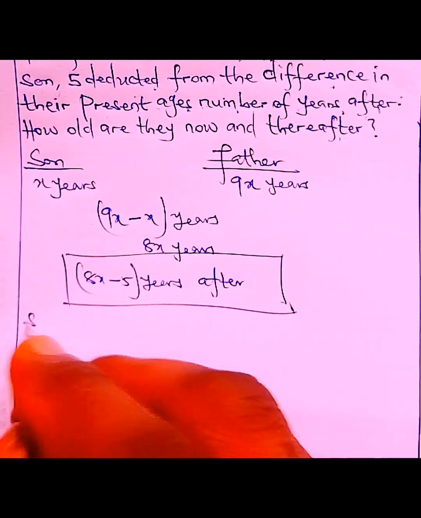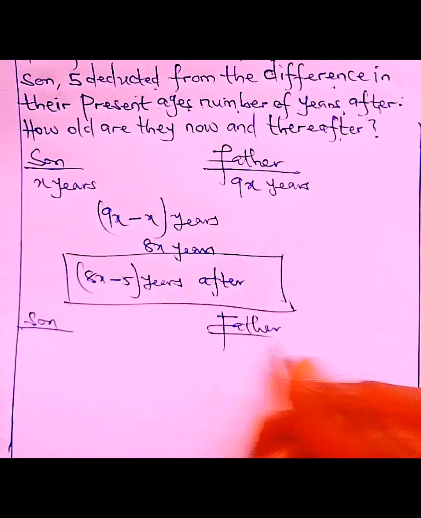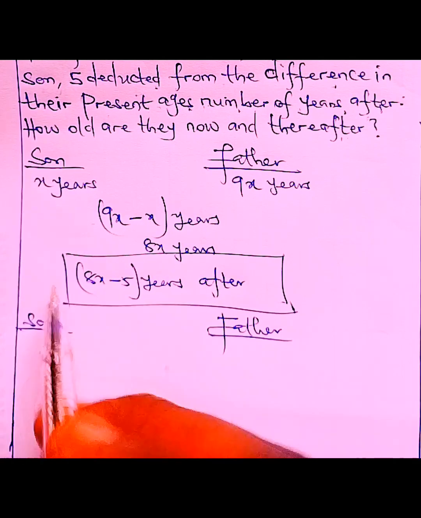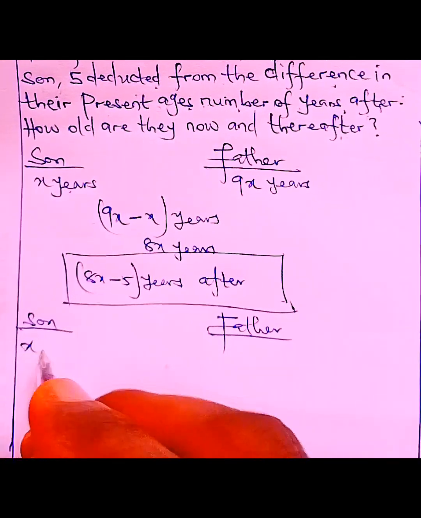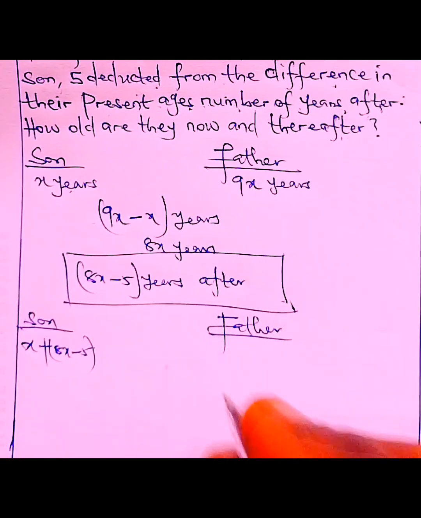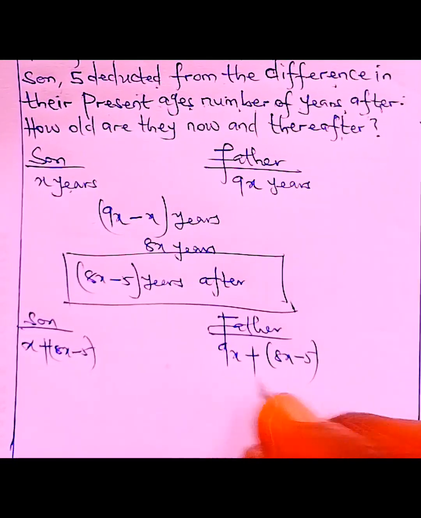So the son is going to be how old 8x minus 5 years after? The son that was x years old will become x plus 8x minus 5. Now the father will be 9x plus 8x minus 5 years after.